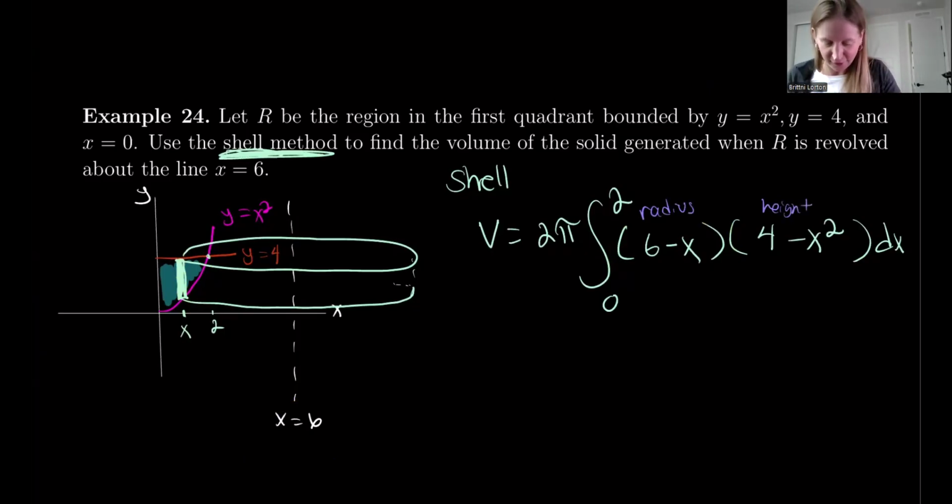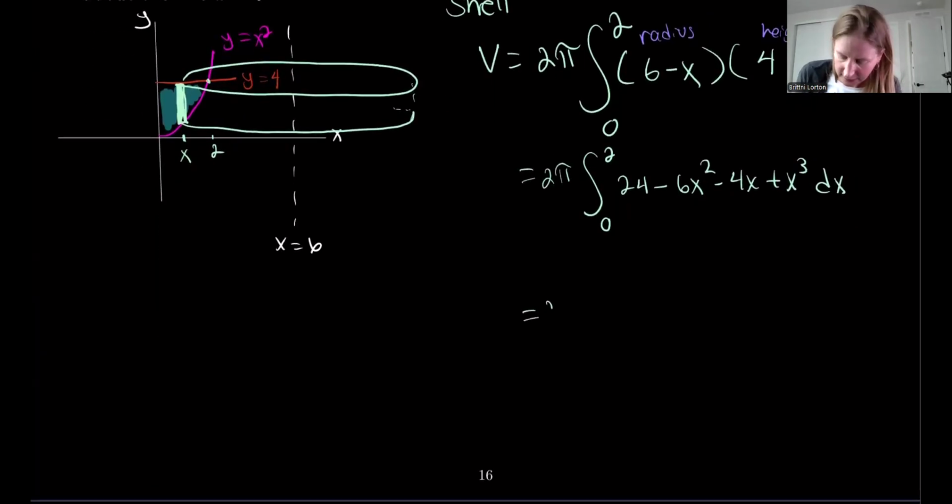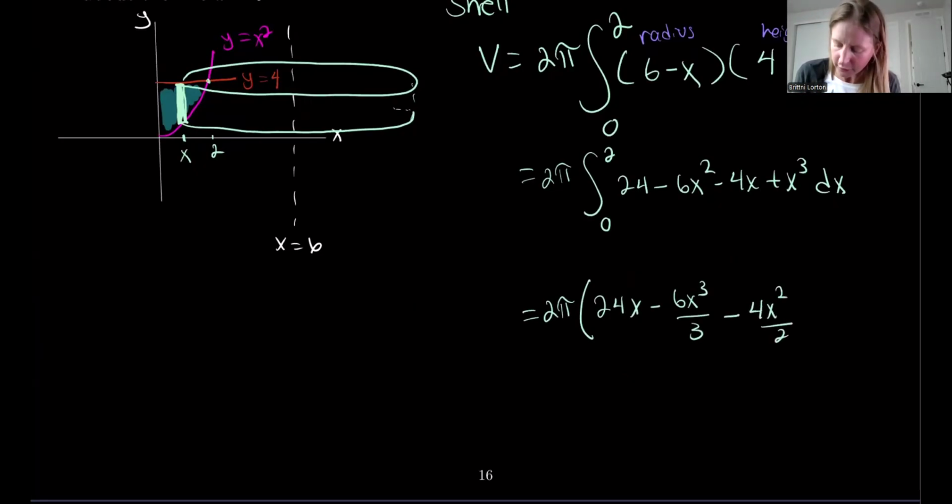Okay, and then let's find the volume from there. So now I have 2 pi times the integral from 0 to 2. I'm going to have to FOIL and see what happens. I have 24 minus 6x squared minus 4x plus x cubed dx. I'll do that antiderivative. 2 pi was on the outside of the integral, so don't forget it stays on the outside of that parentheses. So 24x minus 6x cubed over 3 minus 4x squared over 2 plus x to the 4th over 4 evaluated from 0 to 2 and plug in my bounds.